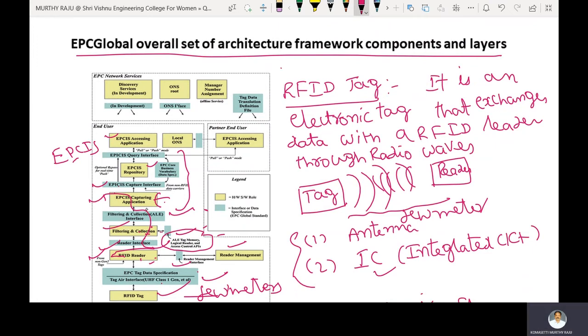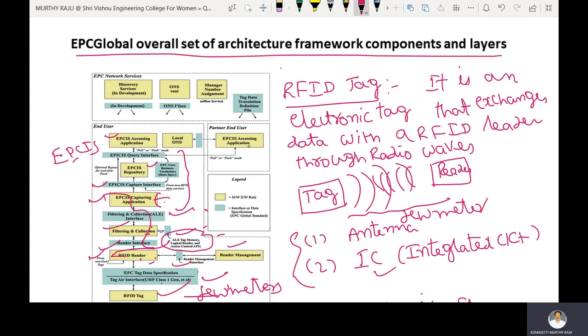Next, the EPCIS repository stores such information and maintains a database. That information is available in that database. The EPCIS accessing application is a software carrying out overall enterprise business processes such as warehouse management, shipping and receiving, historical throughput analysis, and so on.